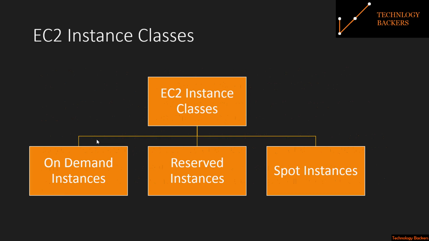So these are the classes of EC2 instances. First is the on-demand instance. On-demand instances are like when you need an EC2 instance, then you just spin it up in the management console or using some API. Reserved instances are like you reserve an instance for 1 year, so you will be charged a little less because you are saying, for the next 1 year, please reserve this instance for me.